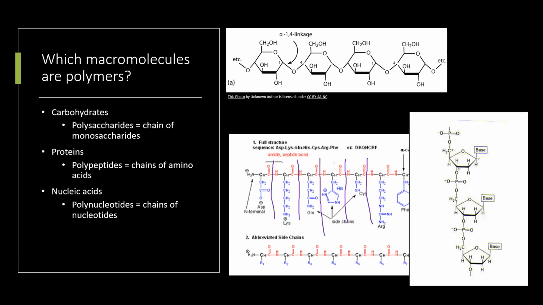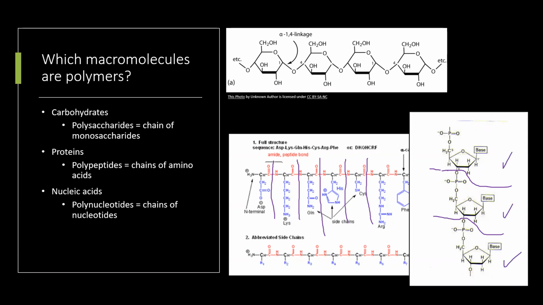Then we have nucleic acids, which are also called polynucleotides. It is a chain of nucleotides. Again, we're going to be looking at that in a different video. But basically in this image on the right, here is one, here is the other, and there are basically 3 nucleotides in here: 1, 2, 3.